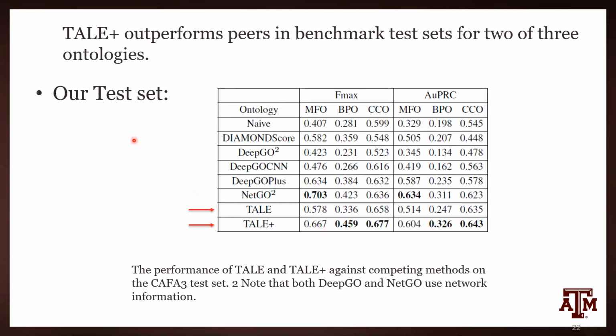Then we compare different methods on our data set. So notice here, we replace GeoLabeler with NetGO, which is an upgraded version of GeoLabeler using network information. So from numbers here, we can see we have similar conclusions as in the kappa-3 data set.